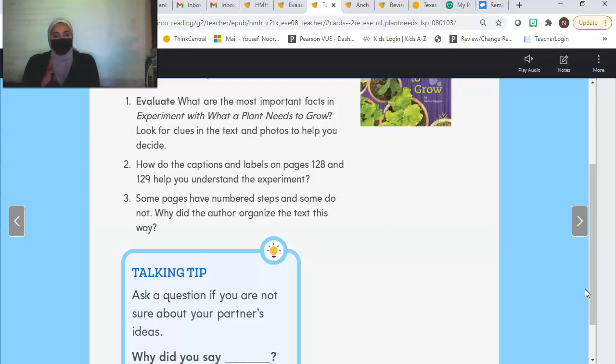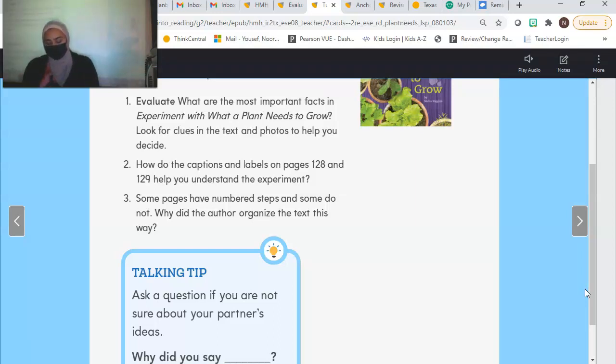Very easy. Number 2, how do the captions and labels on page 128 and 129 help you understand? Go back to page 128 and 129 and tell me, what do you understand by those captions? Captions are the words that are underneath the picture. What is it telling you? And then number 3, some pages have numbered steps and some do not. Why did the author organize the text this way?